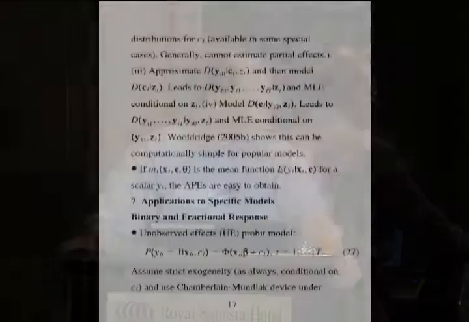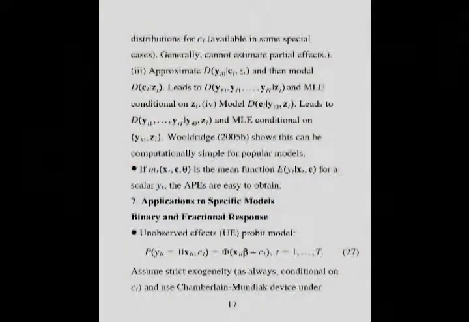Or you can use a correlated random effects approach, which is to either approximate the distribution of the initial condition and then model the distribution of the heterogeneity given the strictly exogenous variables. That's what's in 3 up there.